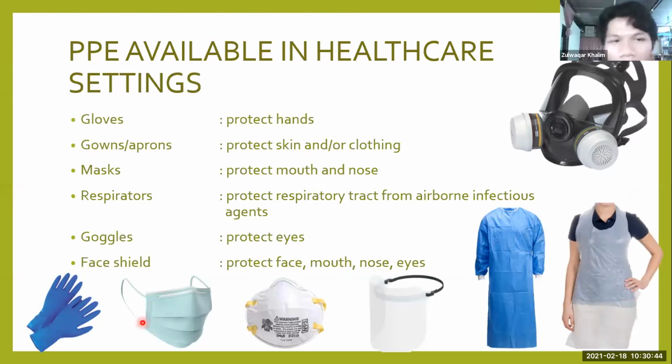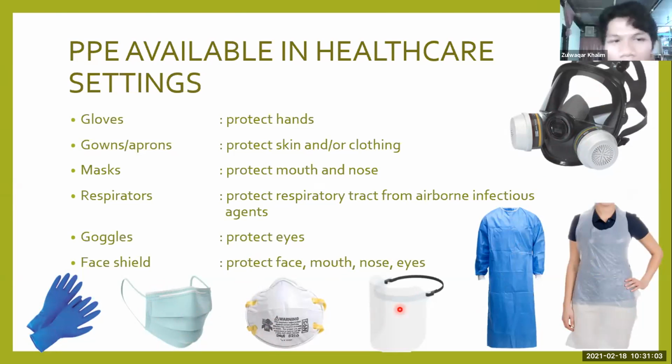We have masks, either surgical mask or N95 mask, to protect mouth and nose. And then we have respirators to protect the respiratory tract from airborne infectious agents. And then we have goggles or face shield to protect eyes, mouth, and nose.